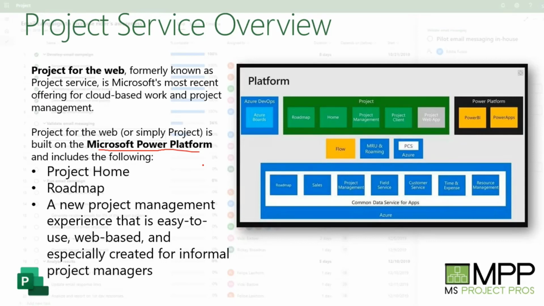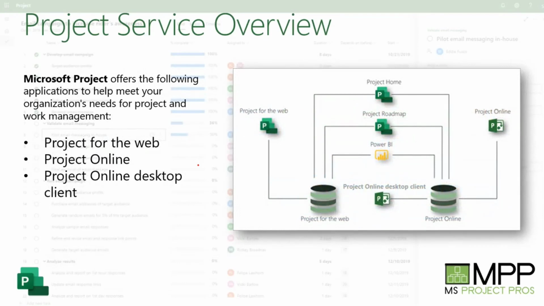If you have Azure and you're using DevOps, you can bring those projects into this roadmap area. So it really gives you that high-level visibility. And it's giving you, with the entry-level subscription, this very easy way to manage projects. That's the whole idea behind this new Power Platform solution, if you will, that's being provided to us.